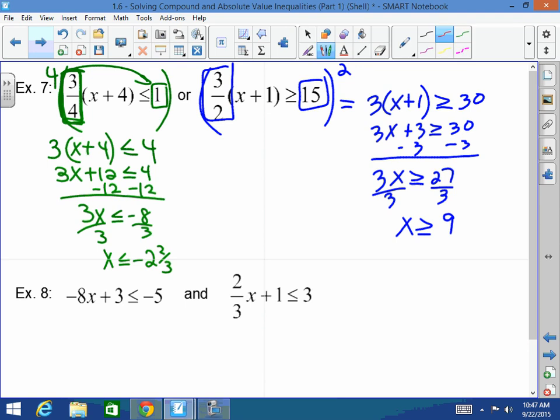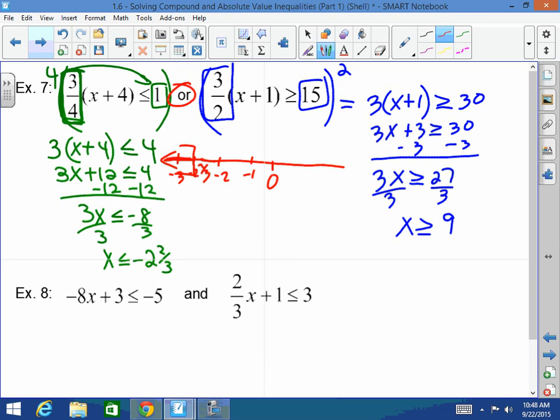And now, let's graph it, and let's write the solutions. So 0, here's negative 1, here's negative 2, here's negative 3, negative 2 2/3 is about here. That's less than or equal to, so I've got a bracket, and I'm going this way. I know it's going to be one of these because it's an or.